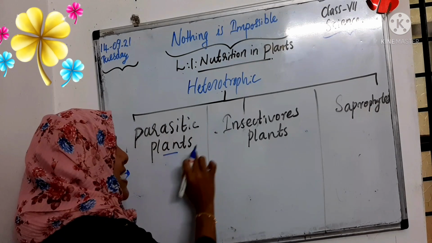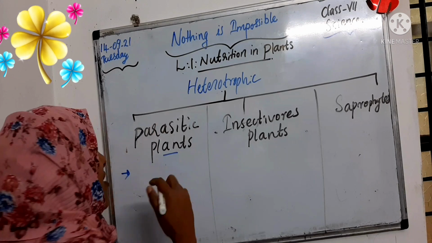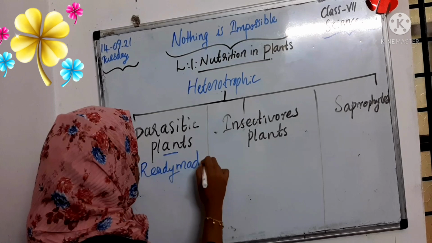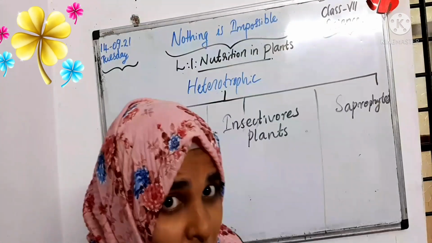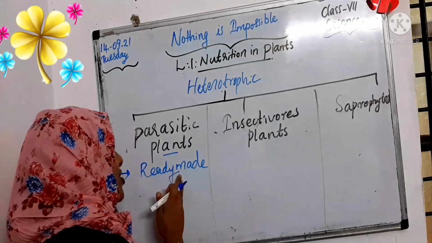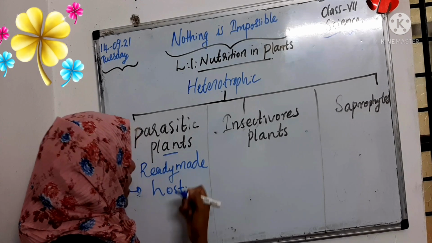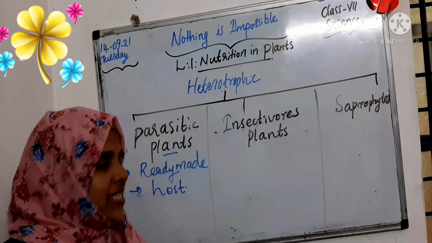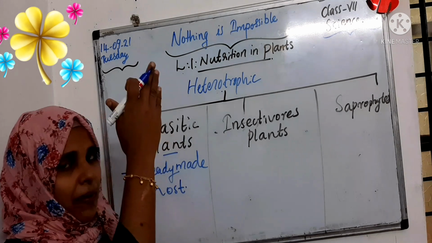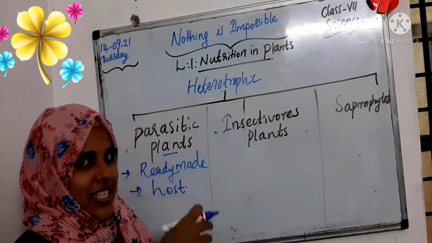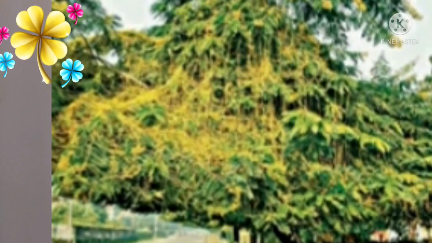The plant on which it climbs, we call the host. The plant that climbs and takes the ready-made food of the host is the parasitic plant. Since it deprives the host of valuable nutrients, it is called a parasite.